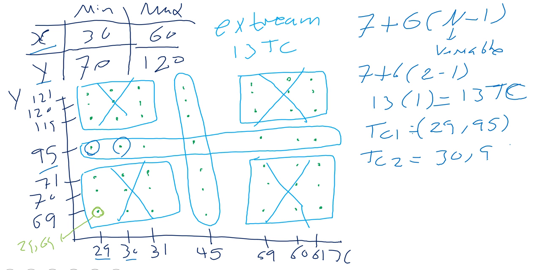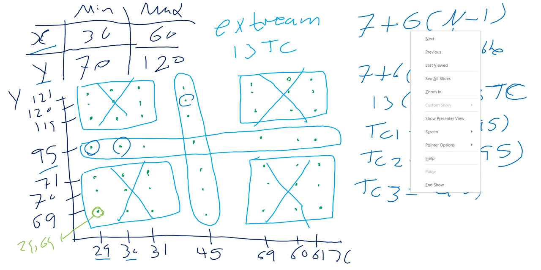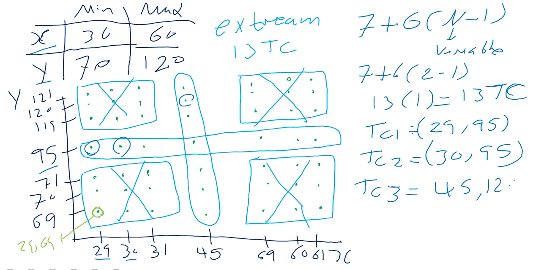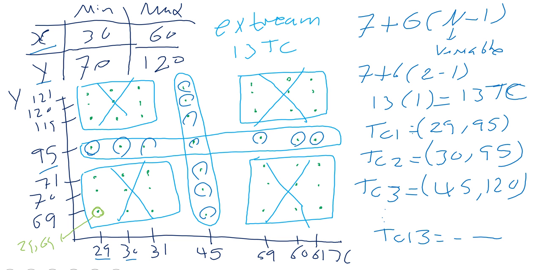Test case 3 equals, for example, another point, 45 and 120, and we do that until we reach test case 13. That means we will cover all these points.